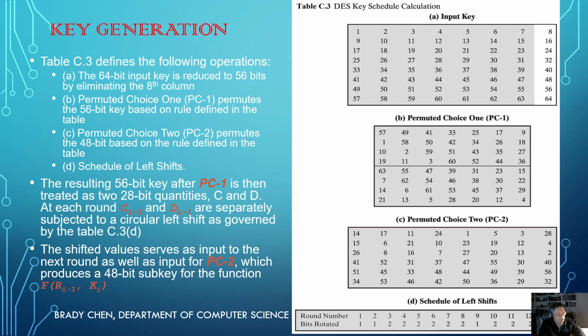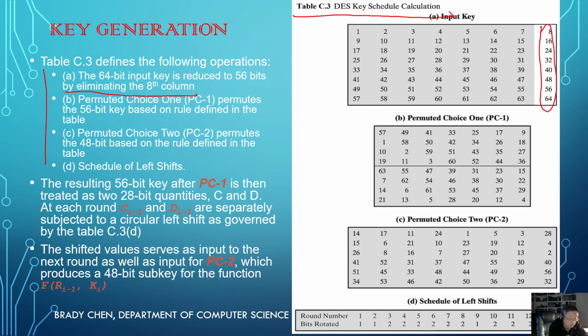Okay, so let's look at the right side of the DES. That's the key generation. So the table C.3 on the right basically defines the following operations. The first table A is the table that basically reduces the 64-bit input key to 56 bits. This is done by eliminating the 8th column.